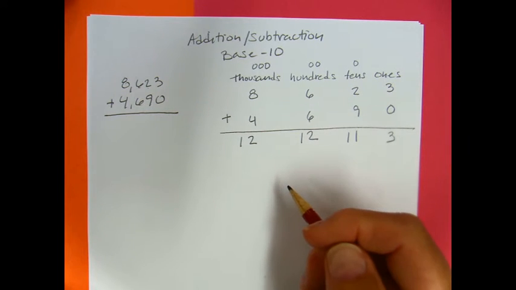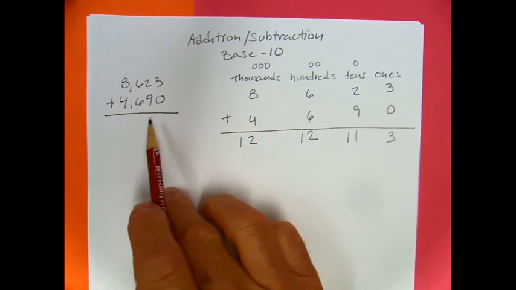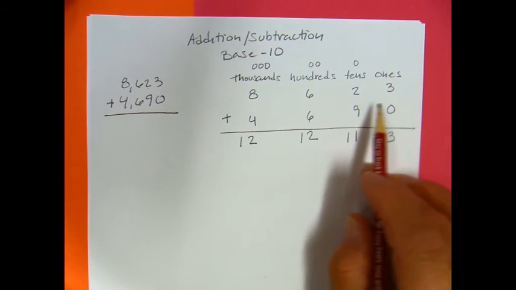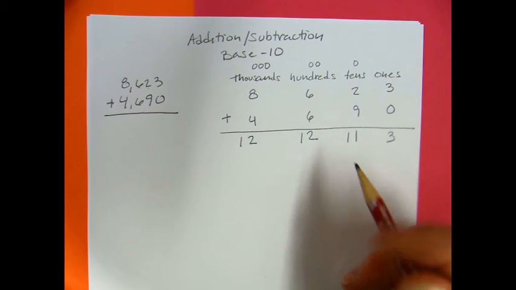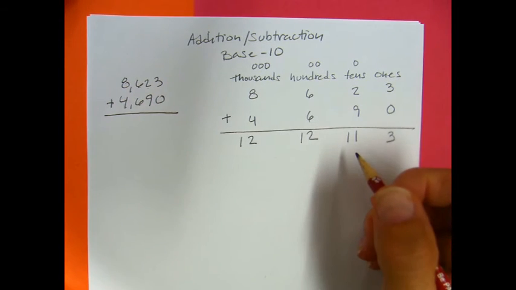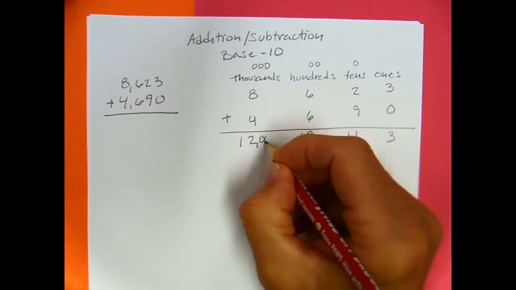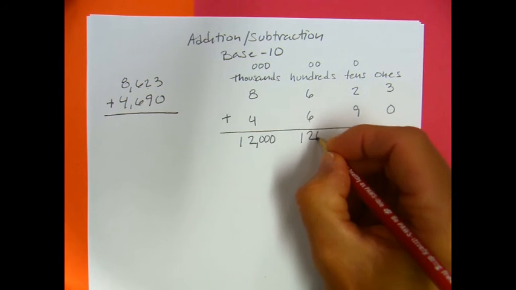There's also a sample. So we're going to take this number now, and we've changed it into our thousands, hundreds, tens, and ones. So remember, for our thousands, we have to add how many zeros? 3 zeros. So we're going to add 3 zeros. For our hundreds, we're going to add how many zeros? 2 zeros.